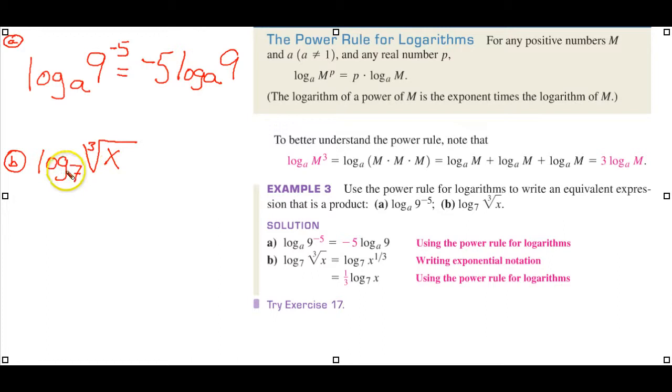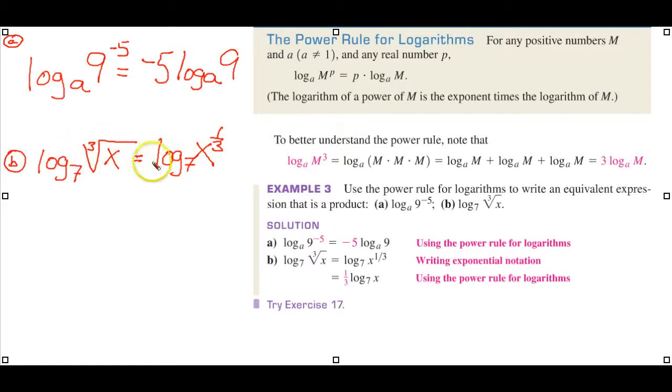Now how about this one? Well, this one, even before we change it, what do we know about this from chapter 7? Well, that is log base 7 of this. And another way to write this would be x to the 1/3 power. Does that make sense?